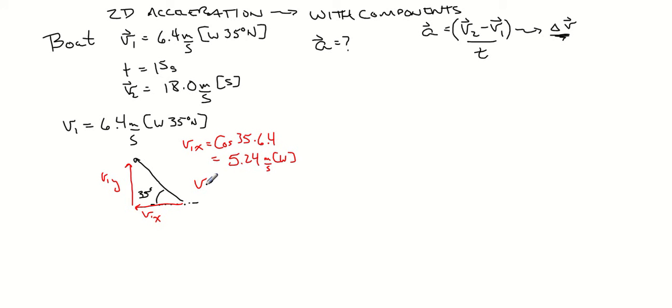And if we have the v1y component, as you can see, that's the opposite. So the trigonometric ratio that we're going to use is sine. So sine 35 times 6.4, and that is equal to 3.67 meters per second, and that is north.